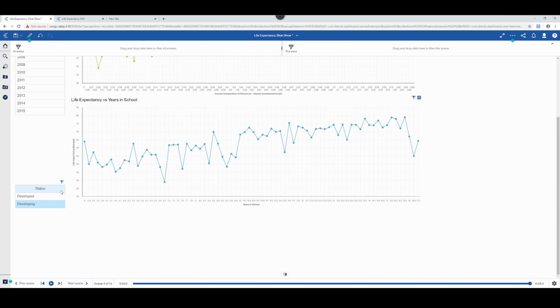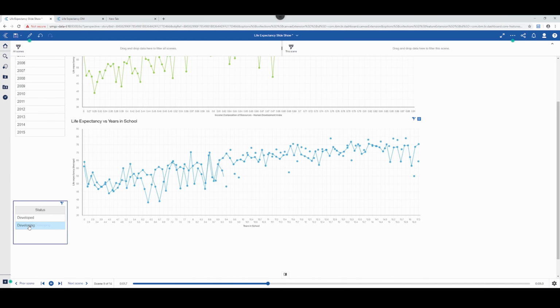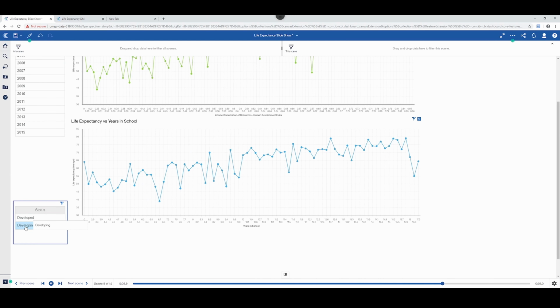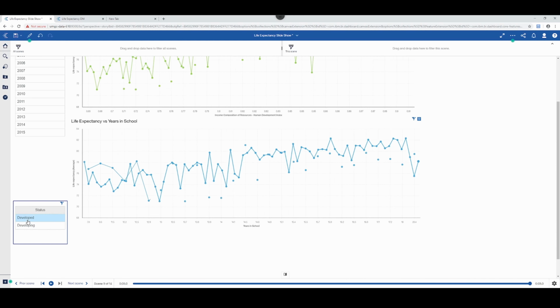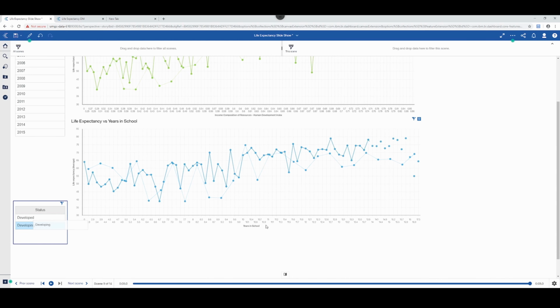So again, we can filter this out by developing and developed countries. So if we look at developing countries, we can see there's a difference in how many years in school. Here they go up to 20.4 in developed, whereas developing it's 17.3.